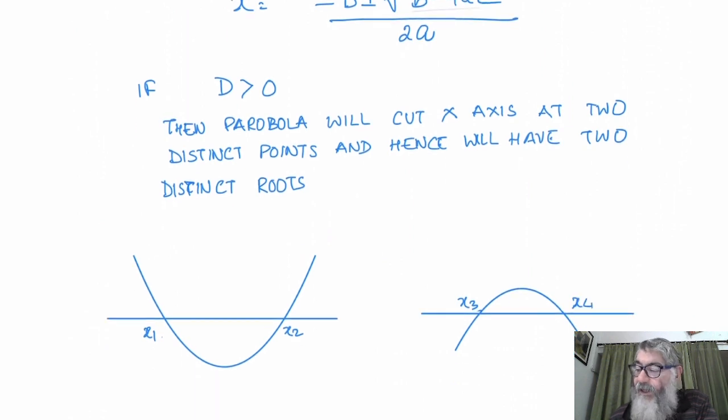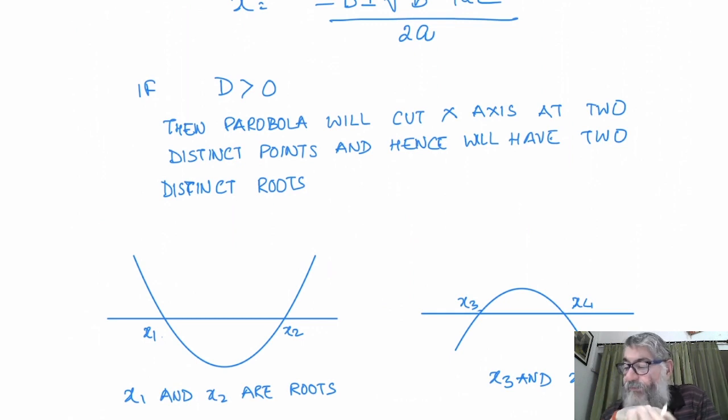And for the second graph, we have y is equal to ax square plus bx plus c, but here a is negative. x3 and x4 are roots here. This is when D is greater than 0, when D is going to be positive.